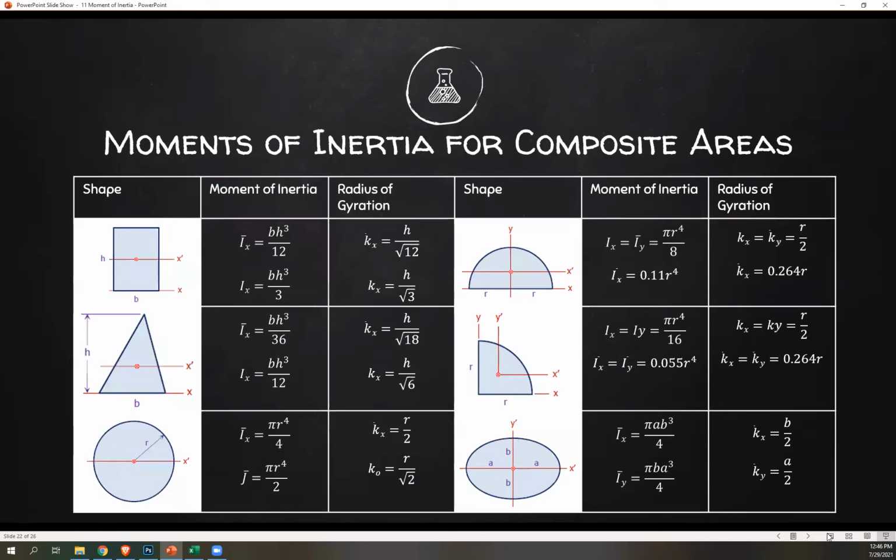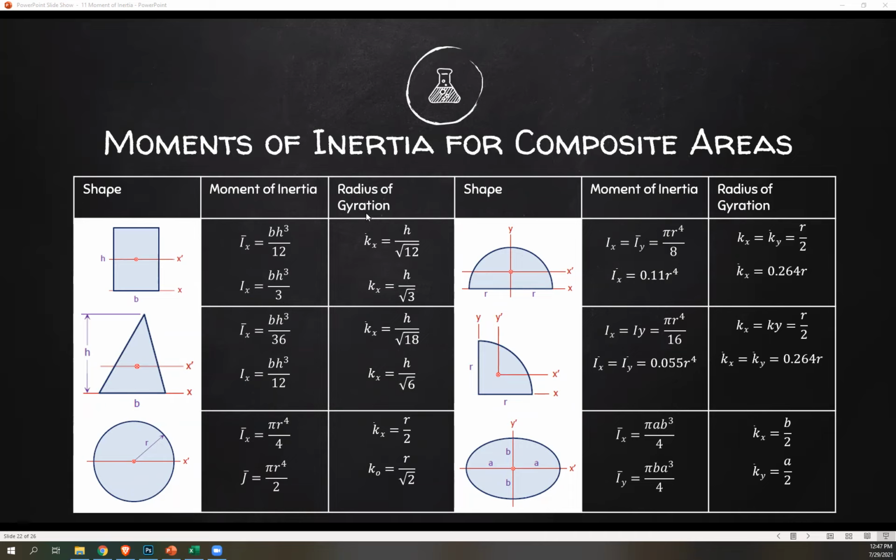these equations. These are the moment of inertia and radius of gyration of common shapes. So you already know the rectangle, right? About its centroid, Ix bar is bh cubed over 12, and then about its base, it's bh cubed over 3. And then along the y-axis, it's just the opposite, so hb cubed over 12, and so on.